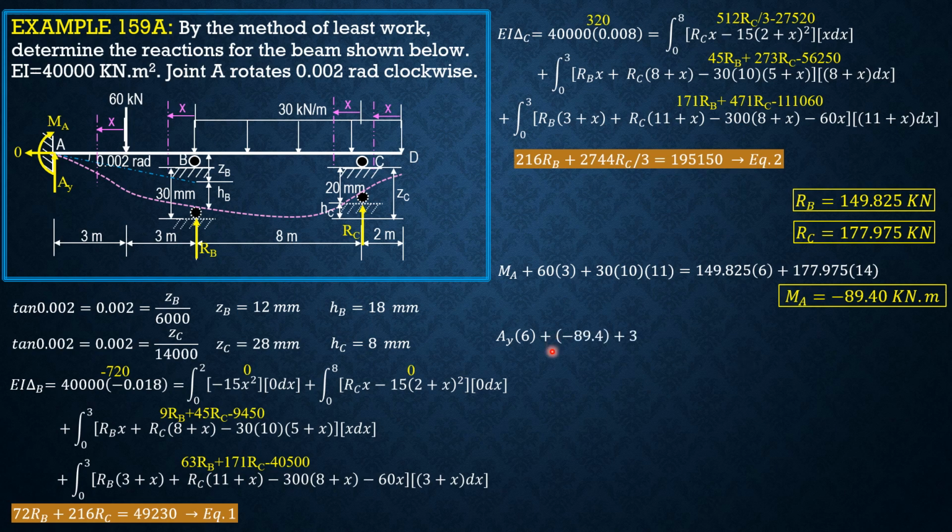Finally, A sub Y times 6, summation of moment about B: A sub Y times 6 plus M sub A, which is negative 89.4, plus 30 times 10 times 5 equals 60 times 3 plus R sub C times 8. So A sub Y equals 32.2. Then you check the summation of vertical forces if it is 0. So that is definitely 0.